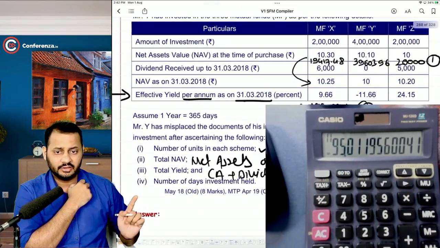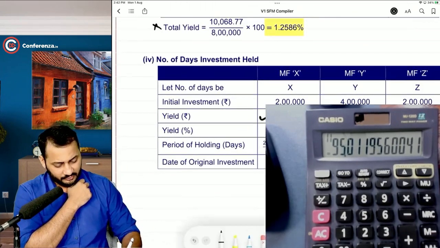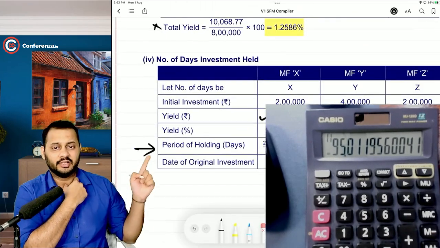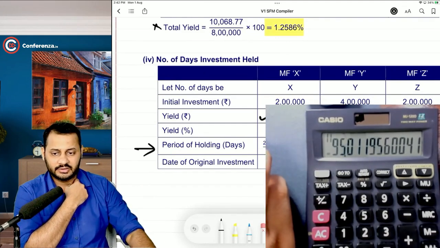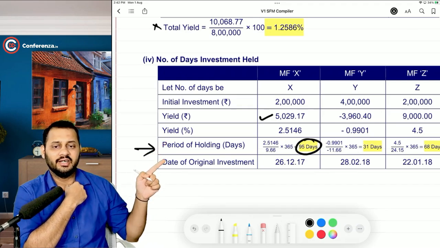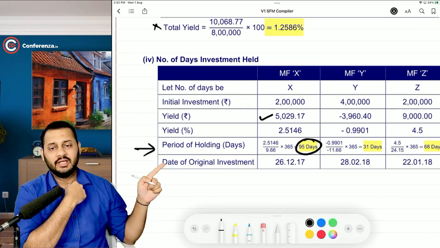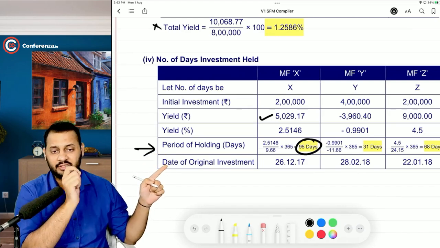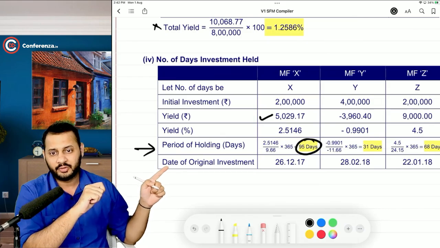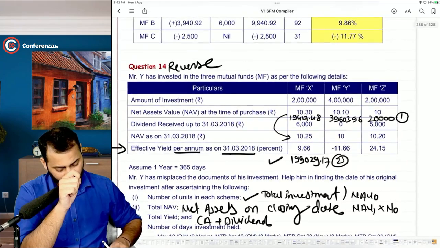The question is asking for the number of days only, but with that number of days you can easily calculate the date of original investment. You can go back 95 days and you will have the date when you invested, because the closing date is 31st March 2018 for all.